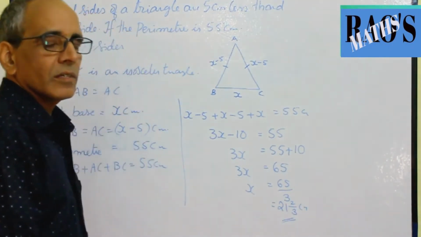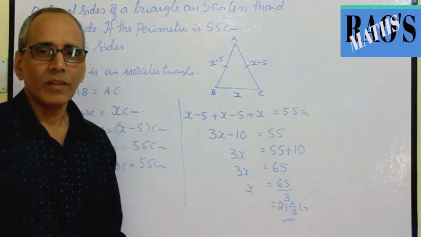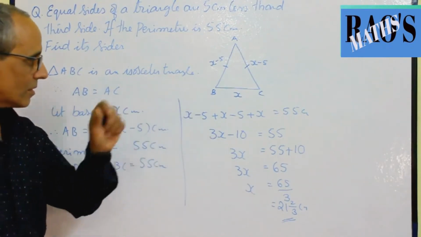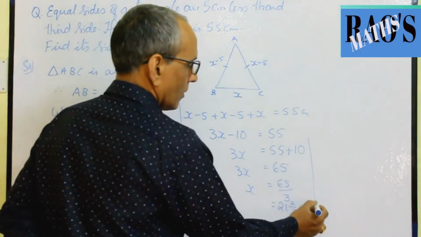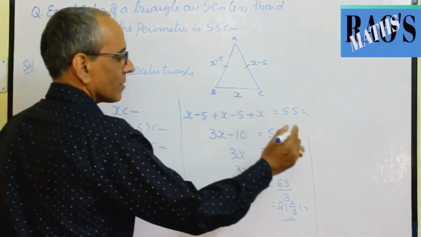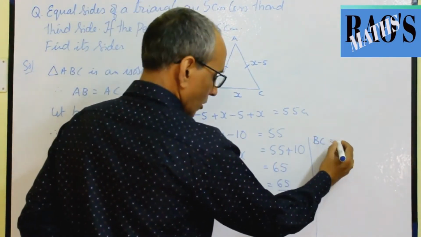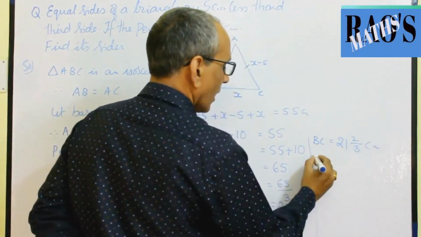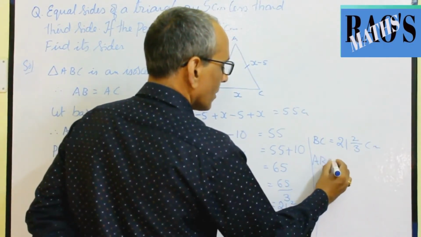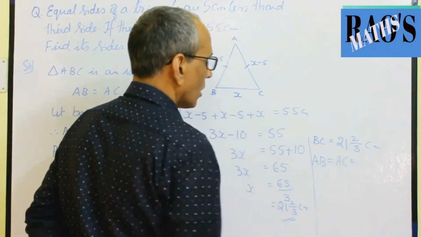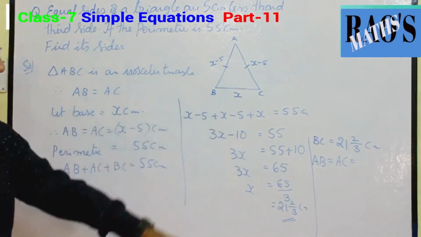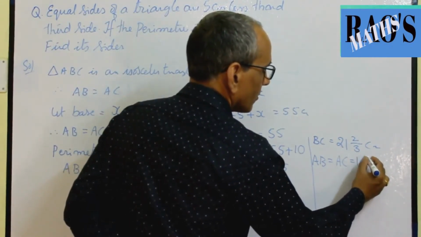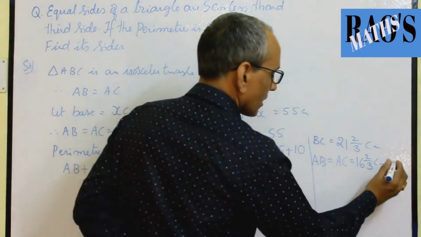Therefore, we got the x value, that is BC. BC is equal to 21 2 by 3 centimeter. And AB and AC both are 5 centimeter less than this. That means 21 minus 5 is 16 2 by 3 centimeter.